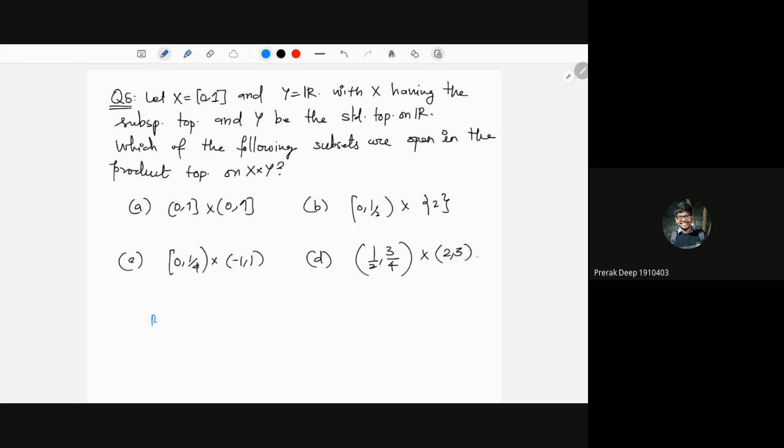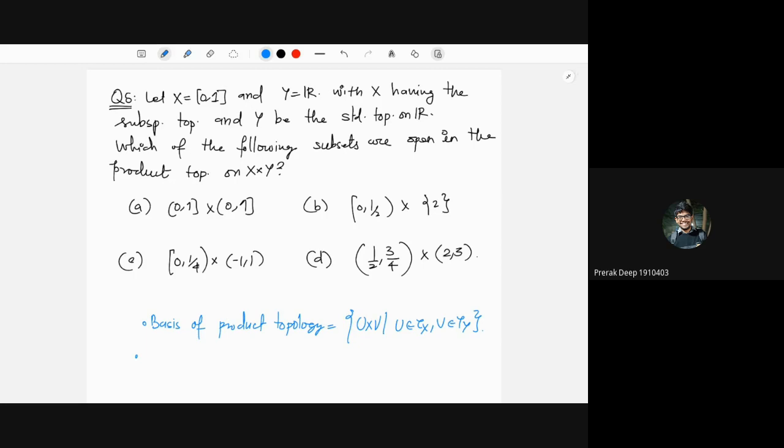So the basis of the product topology are U cross V, where U is in tau X and V is in tau Y. This is the basis of the product topology. And once you have the basis, the topology generated by them is nothing but the arbitrary unions and finite intersections.